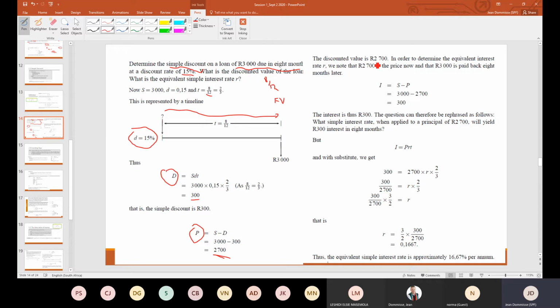So what they're asking you to do is to look at the discount and put it back into an interest rate, so that you don't get the discount value, but a normal interest rate.